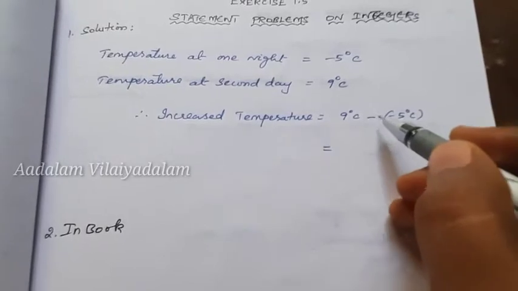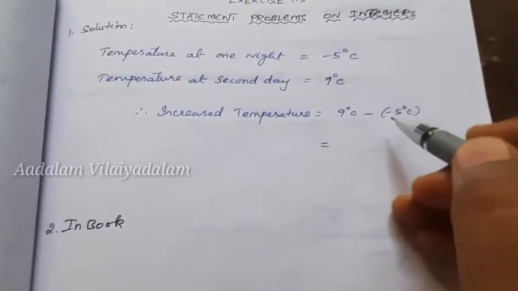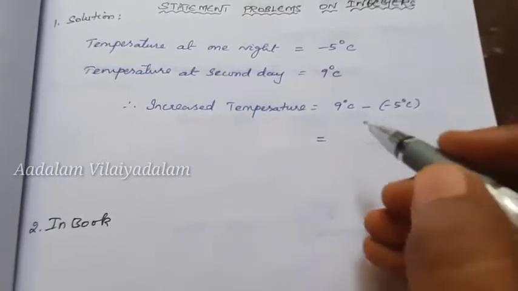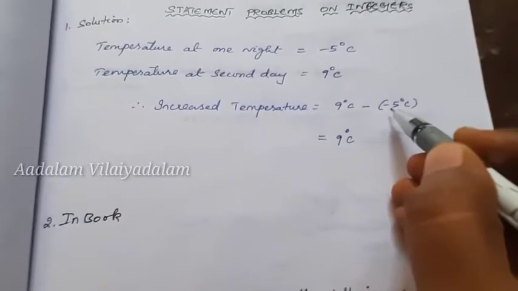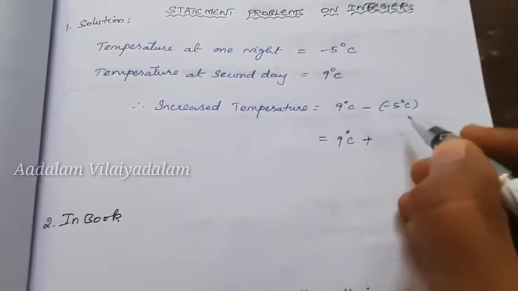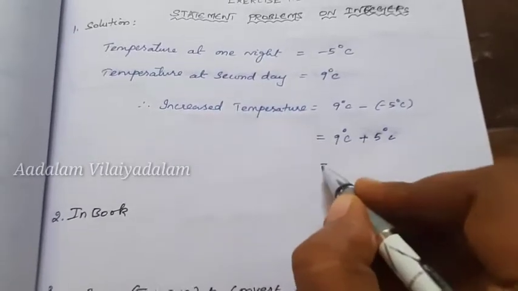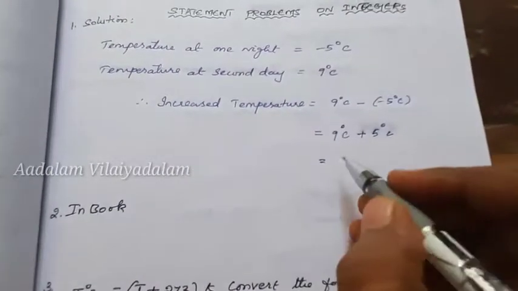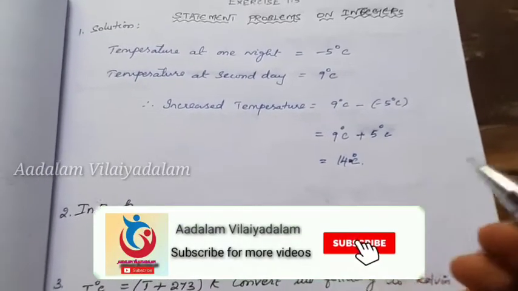Here if the signs are near each other, we can multiply. Minus into minus, we get plus, then the remaining one is 5 degrees Celsius. Therefore the increased temperature is 14 degrees Celsius.